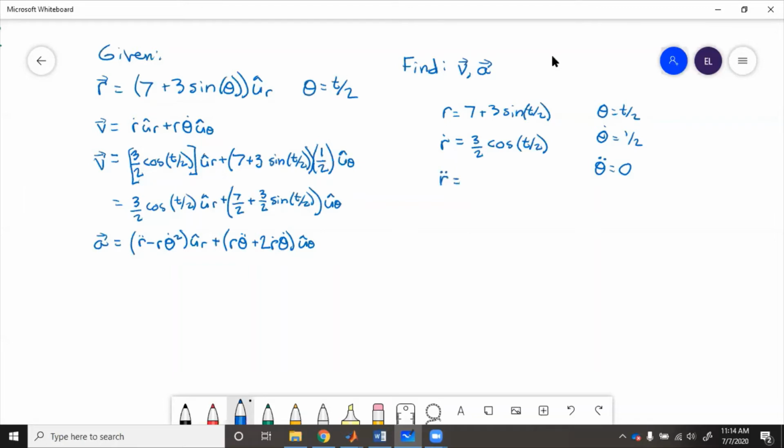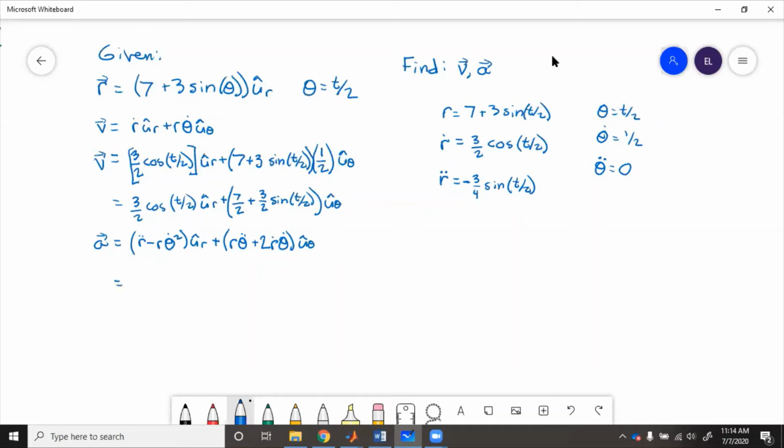And then r double dot is going to be, take the derivative of this, and because of chain rule, another 1/2 pops out, so we'll get 3/4 sine t over 2, but derivative of cosine is minus sine, so this is a negative. So we take those and we plug them in down here.